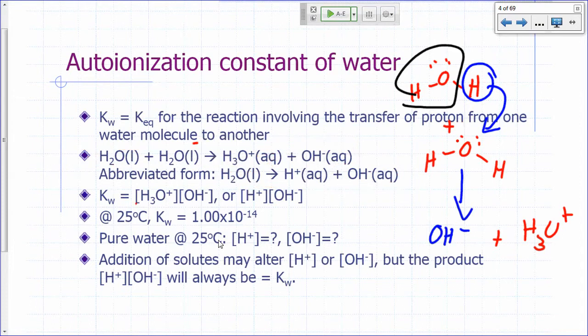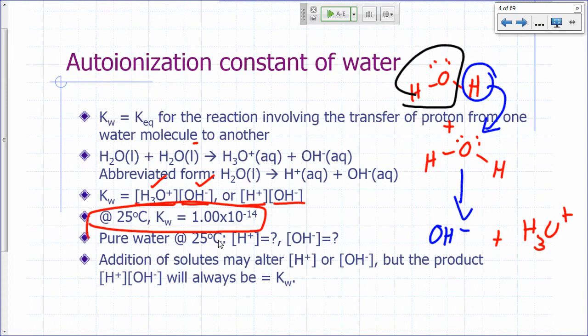So Kw is the concentration of hydronium ion times hydroxide, or more precisely, the activity of hydronium times the activity of hydroxide. Or we can write that as activity of H plus times the activity of hydroxide. Now, this is a value you have to memorize. At 25 degrees Celsius, the value of Kw is 1.00 times 10 to the negative 14.